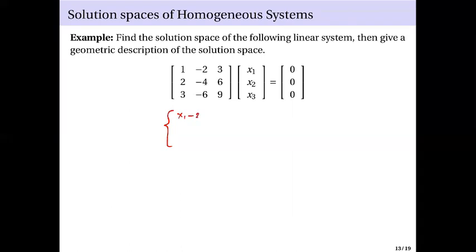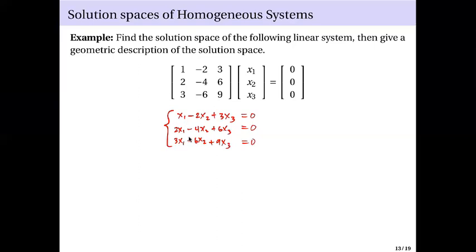x1 minus 2x2 plus 3x3 equals 0. And then you have 2x1 minus 4x2 plus 6x3 equals 0. And then the other one is 3x1 minus 6x2 plus 9x3 equals 0.